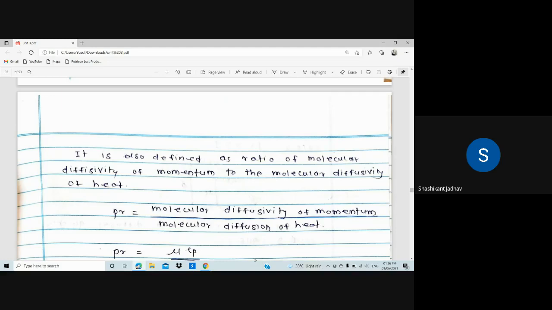Write down that equation: Prandtl number is equal to molecular diffusivity of momentum divided by molecular diffusivity of heat.